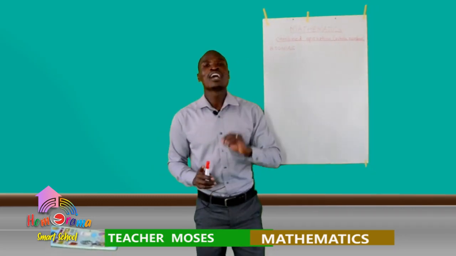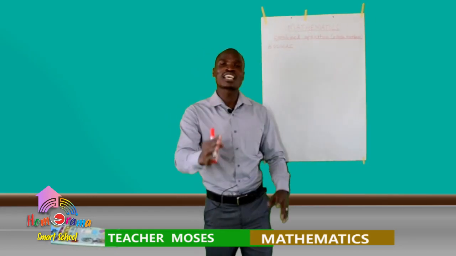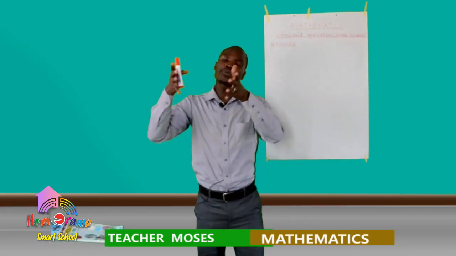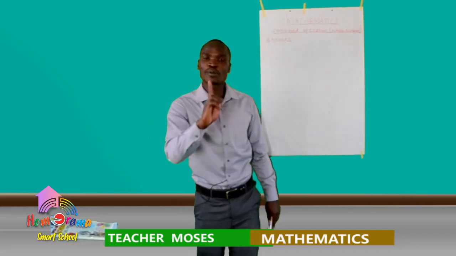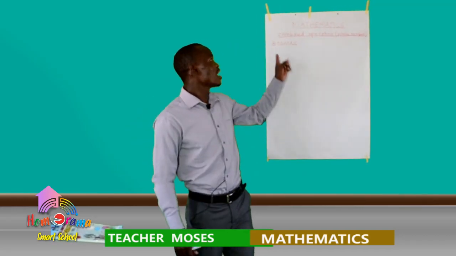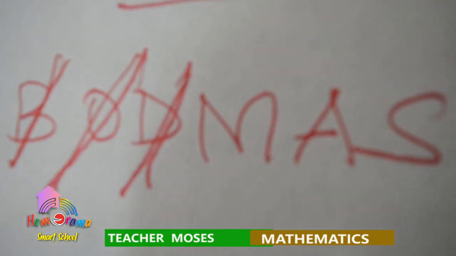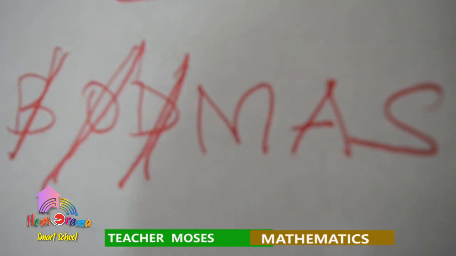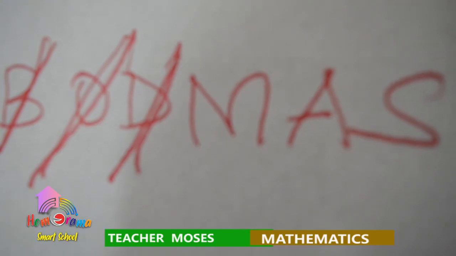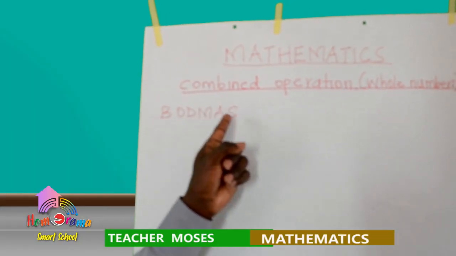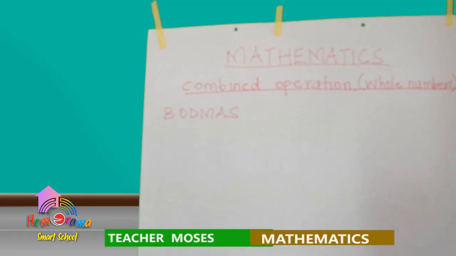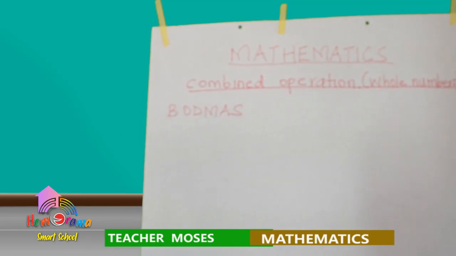And so, here we are going to use a simplified procedure of working out this question. And the procedure is this. We are going to have this rule. The rule of Bodmas. Bodmas is B-O-D-M-A-S. Bodmas. Now, can you write it down in your book?